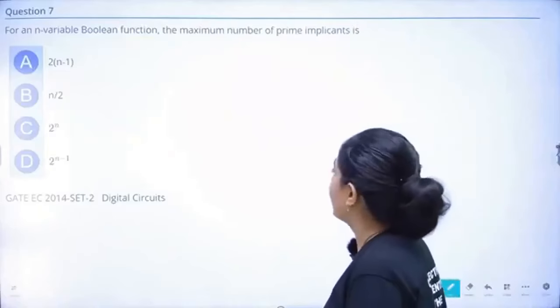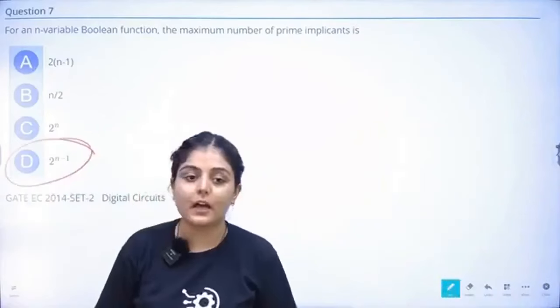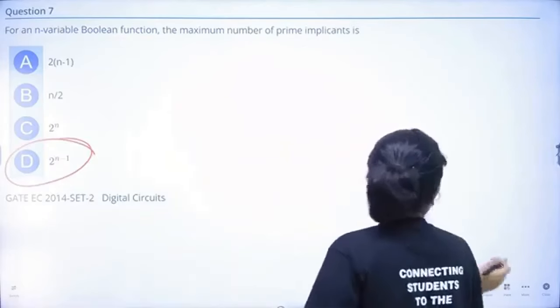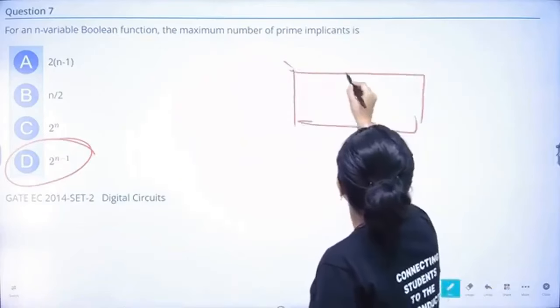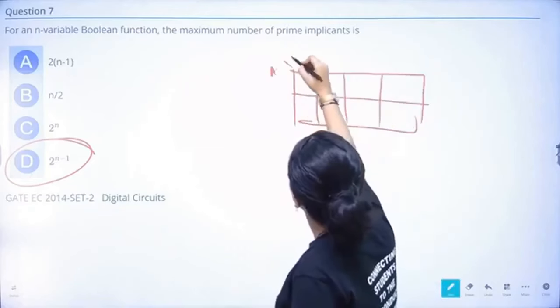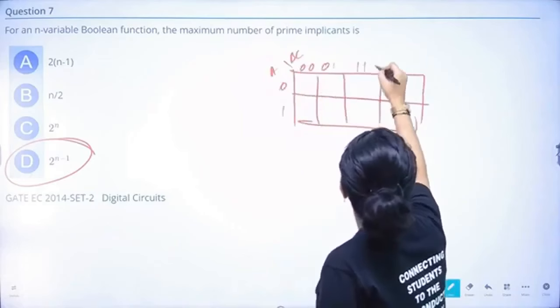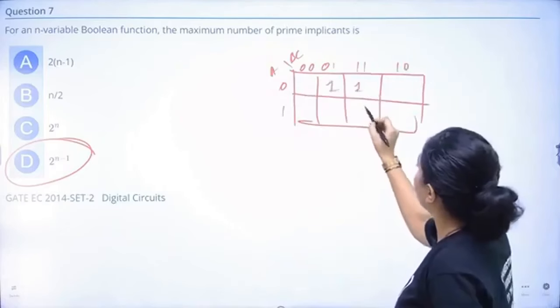Maximum number of prime implicants. Direct question. The maximum number of prime implicants is 2 raised to power n minus 1, or prime. So if I have a K-map, suppose I am writing here 1, 1.